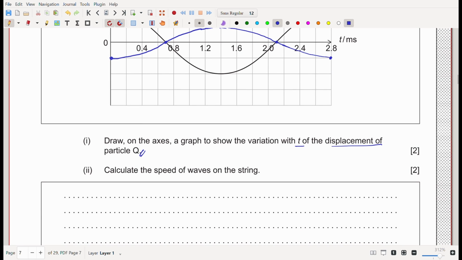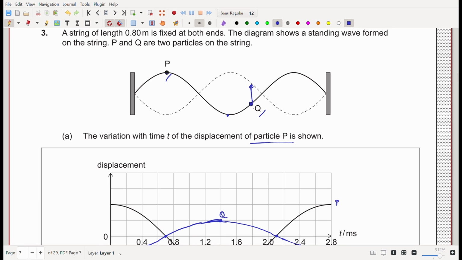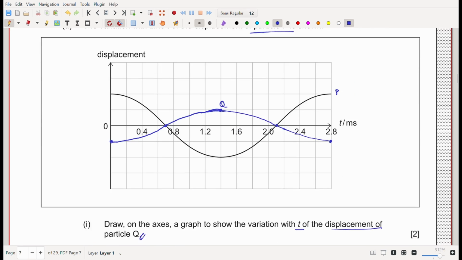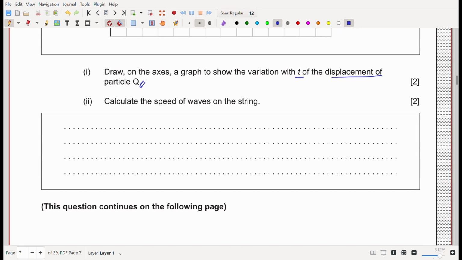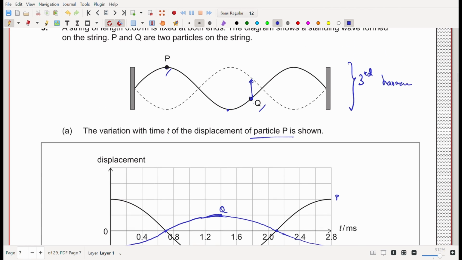Moving on, we are asked to calculate the speed of waves on the string. Looking at this, we can see that this entire setup is the third harmonic. So for the third harmonic, we know that the length is equal to 3 lambda by 2. And if you don't want to memorize these formulas, you can just look at it.